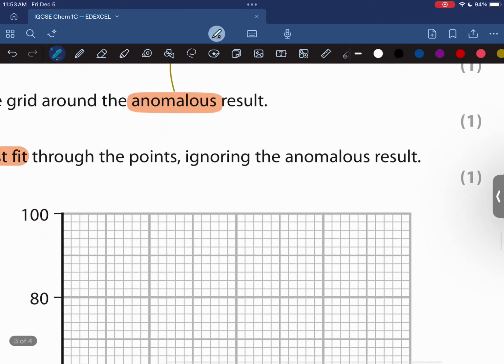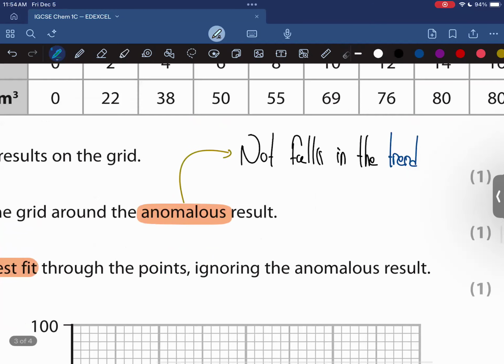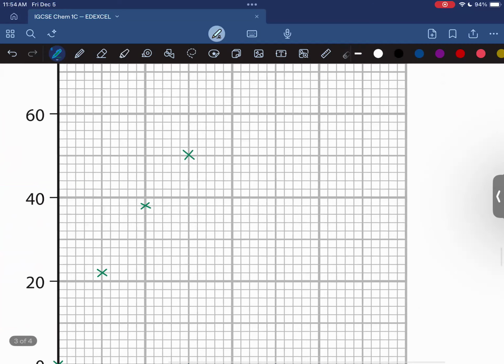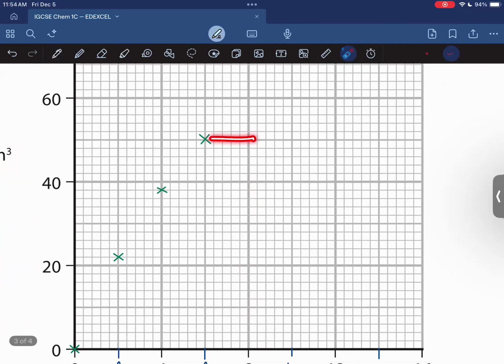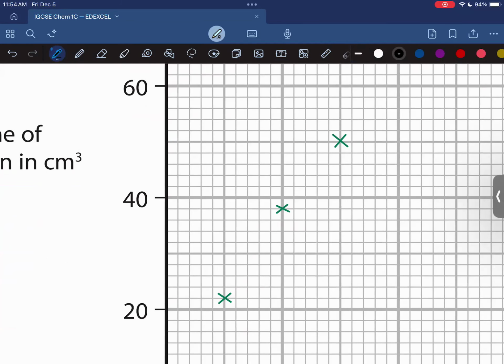And then for 8, this is 55. I know that this thing over here is 50.